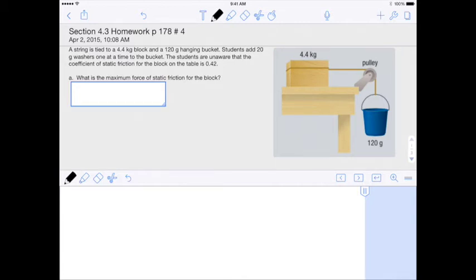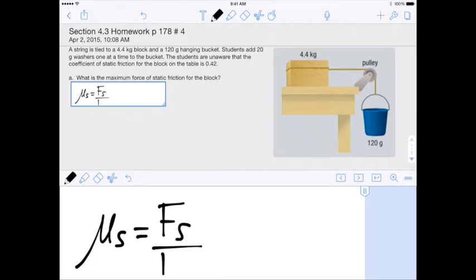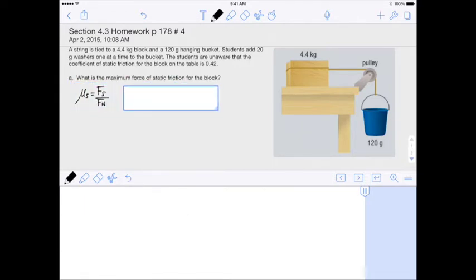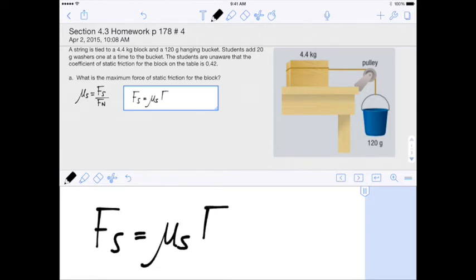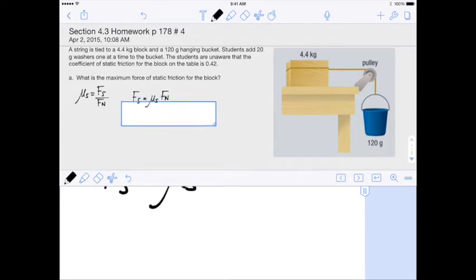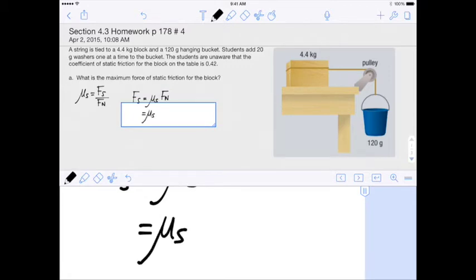So we know that friction can be found in the equation mu s equals the force of static friction over the normal force. If we rearrange this, the force of static friction is equal to the coefficient times the normal force. Since this object is resting on a level surface, we know that the normal force can be replaced with the force of gravity, mg.